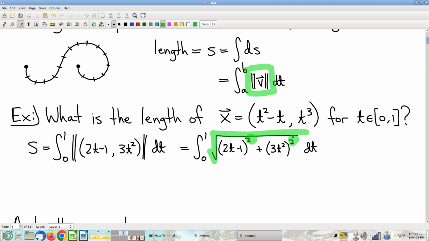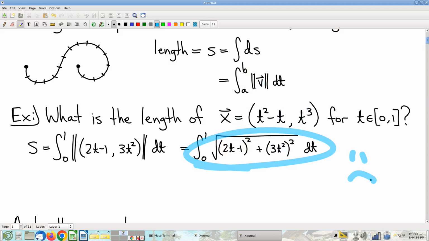So in this case, notice again, because we're computing the magnitude of the velocity, we take the derivatives of the position to get the velocity and compute the magnitude, and there's your ugly integral that is going to be pretty darn hard to do. And I don't want to do it, and I don't want to make you all do it. So sadly, this does tend to work out this way, that these integrals just tend to be bummers.